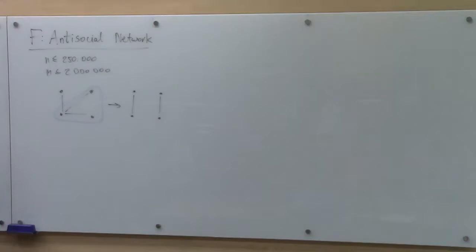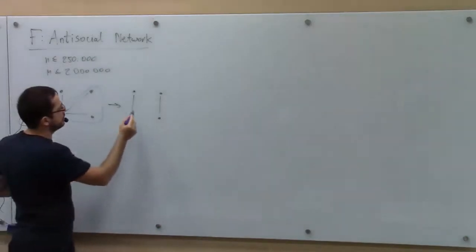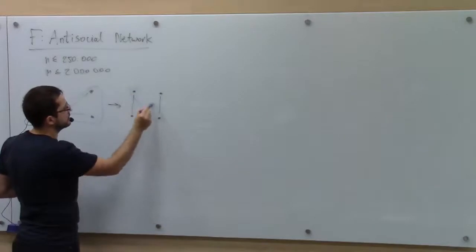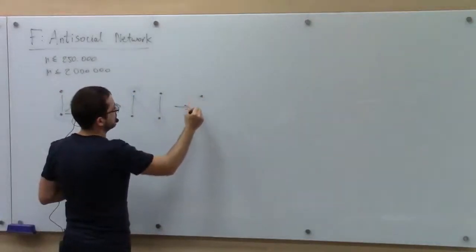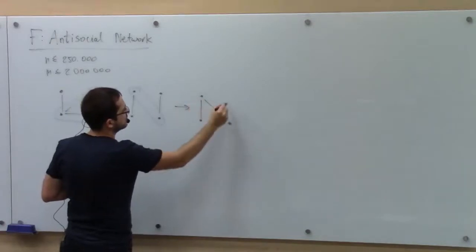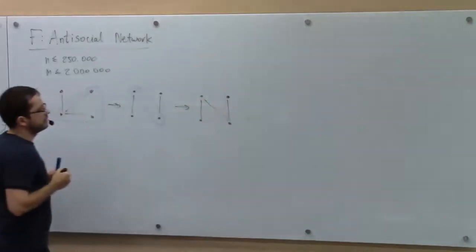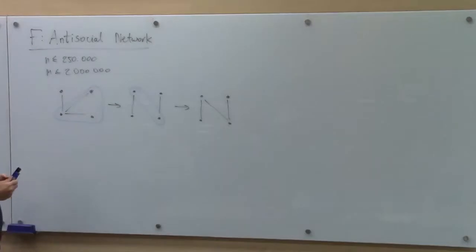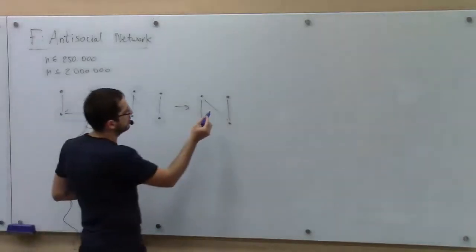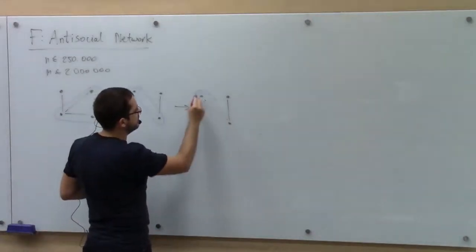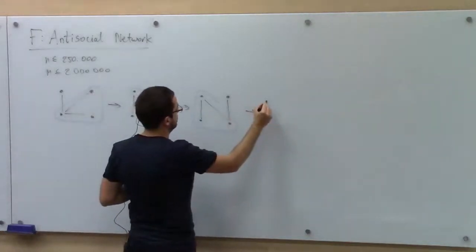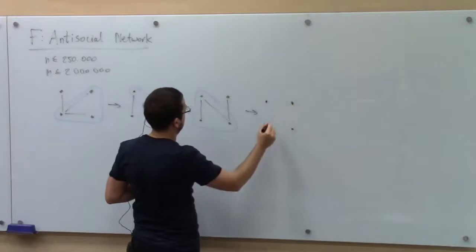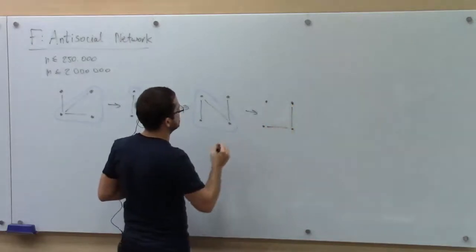And again, maybe we can have 2 vertices in the set, and after this operation we got something like this. And maybe one more example, maybe we can take these guys. After this operation we will get something like this.